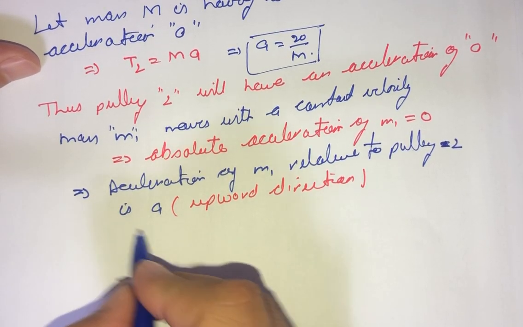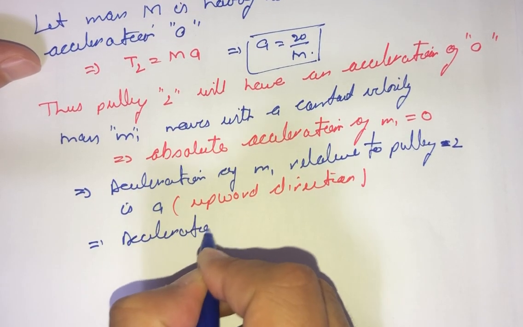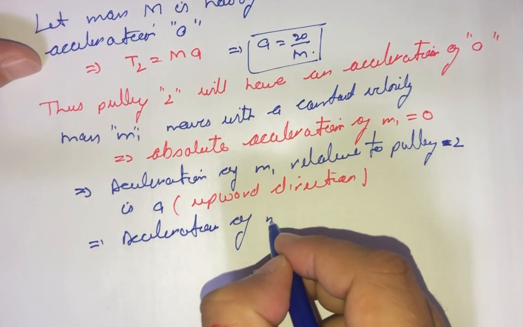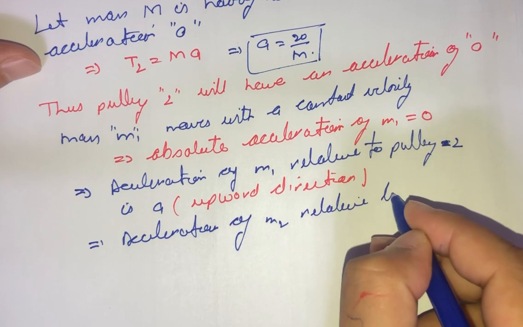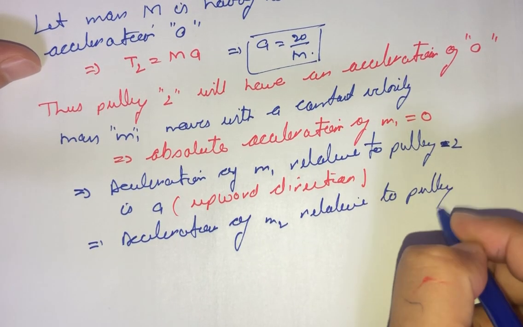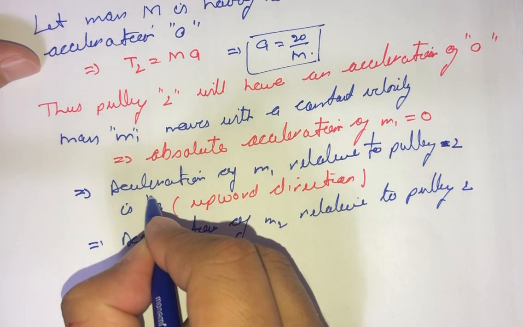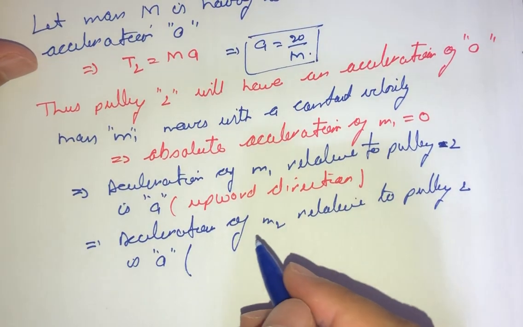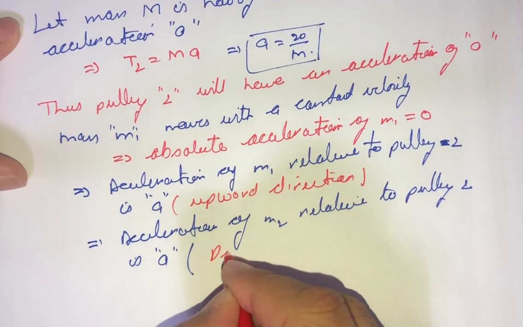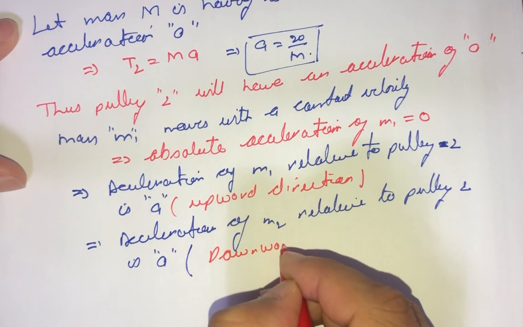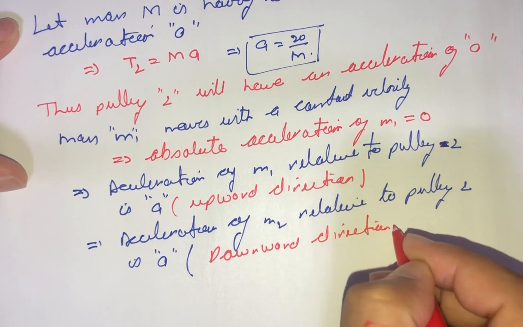The acceleration of M2 relative to pulley 2 is also A, and it will be in the downward direction.